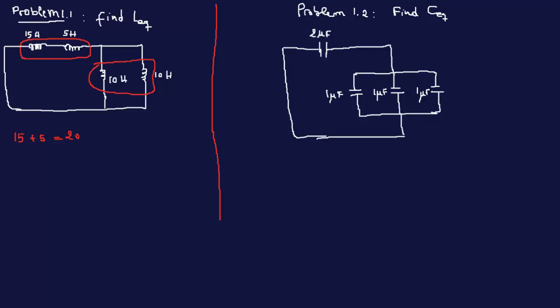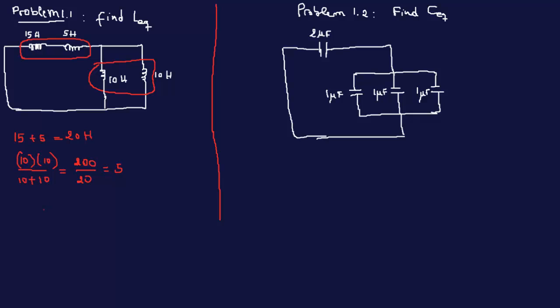This is 20 henries, and these two are in parallel, so I have 10 times 10 over 10 plus 10. Sorry, I was adding, but this is 10 times 10 is 100 over 20. Of course that's 5.